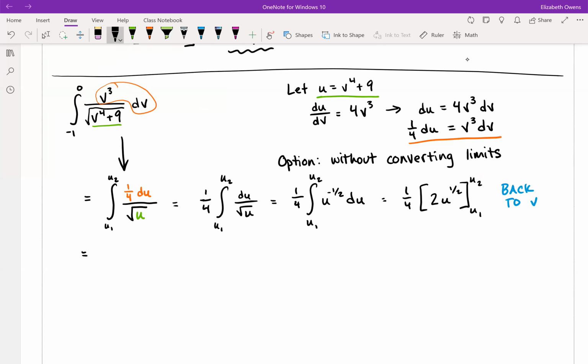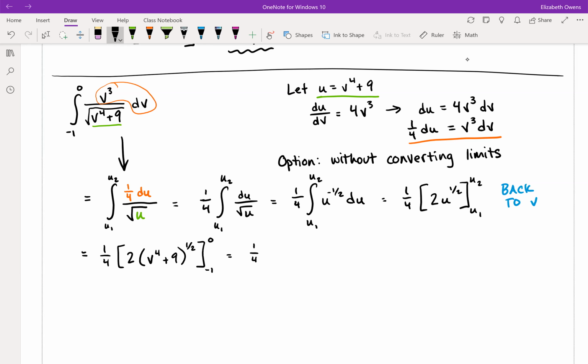All right, so this is going to be 1/4, and then 2, that would be u to the 1/2. Okay, that u is getting replaced again with v to the 4th plus 9. We're switching back to the 1/2. And now you can put your v values back on here for the limits, -1 and 0.